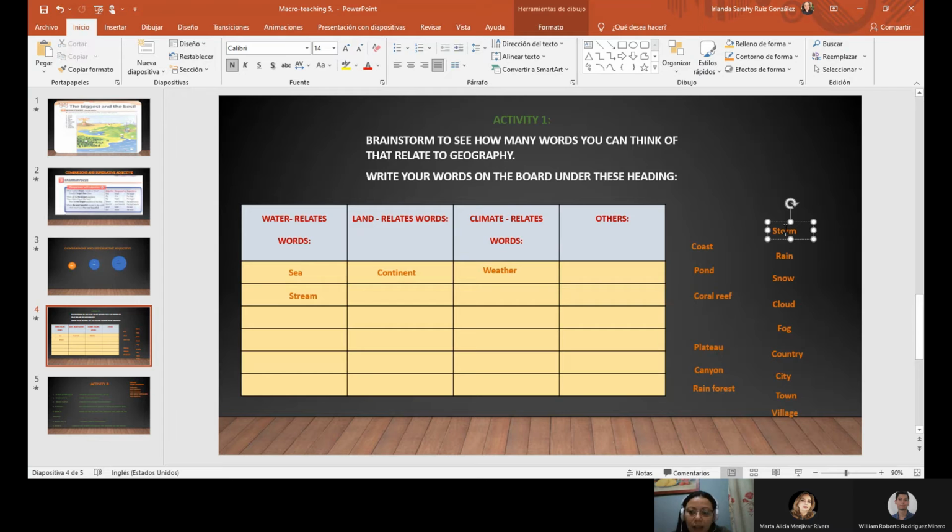If I say storm, Marta? I think storm is related with weather, well, climate. Perfect, you're right. And coast, for example, William? The coast, it is related to beach, so I think it's water.